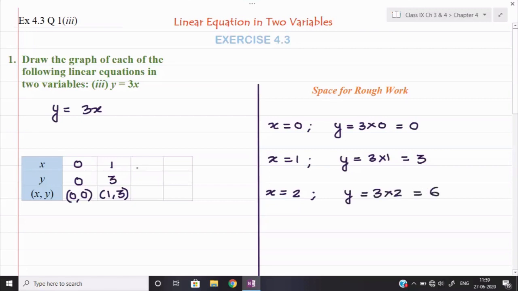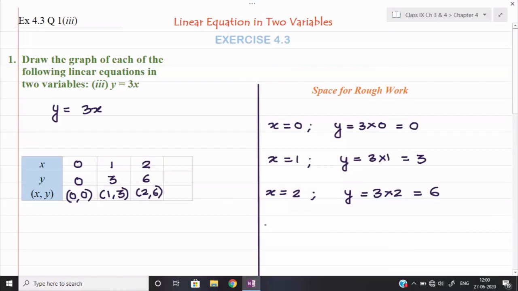Now see, slowly our values are increasing. The value of x is okay, 0, 1, 2, but the value of y is becoming 6. So you should avoid getting higher values, because on your graph paper the values will be up to limited numbers only. For example, you can take 10 blocks only, not more than that. So here we shall not take x equal to 3.